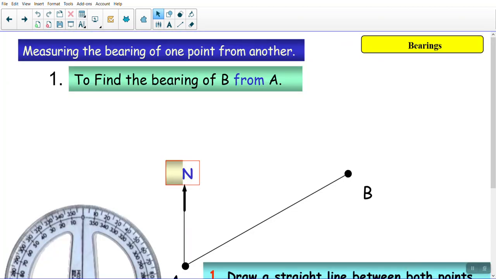Now let's find out how to measure the bearing of one point from another.